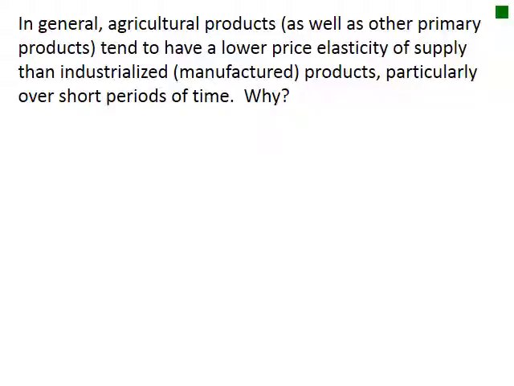So instead of working for 8 hours, you could work for 16 or even have 3 shifts and keep it going continuously over 24 hours. You could quickly get more machines and be working the machines and so on. So there tends to be a greater ability to increase production if there's an increase in price, if we're dealing with industrialized or manufactured goods.